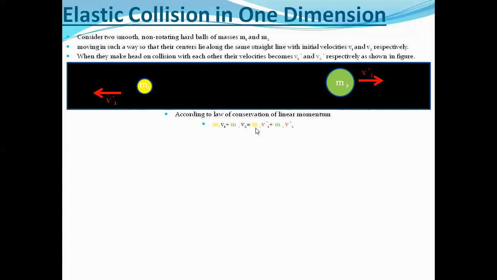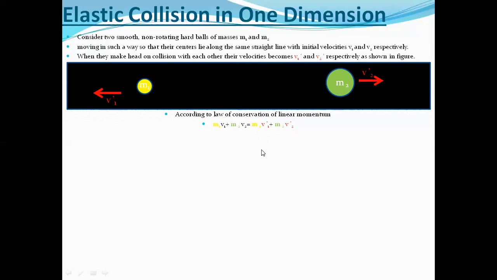Similarly, v1 dash is the velocity of the first object after the collision, whereas v2 dash is the velocity of the second object after the collision.